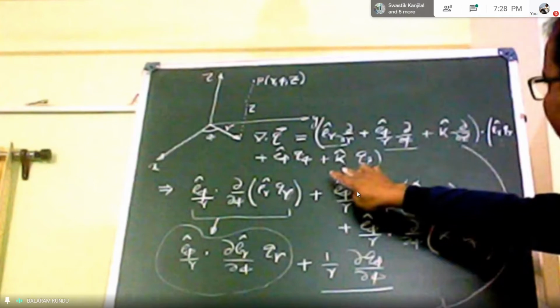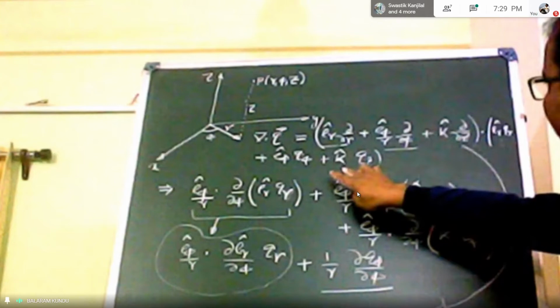The e_r expression is this, and if e_r expression is this, then we have to differentiate it with respect to phi. So differentiation is possible here, that is del e_r by del phi. Another thing, the e_phi expression is also necessary to know.